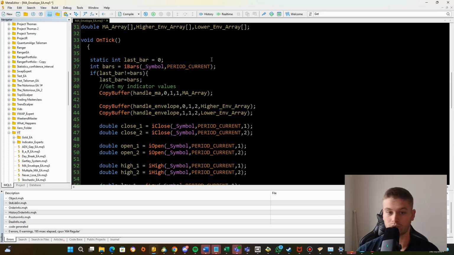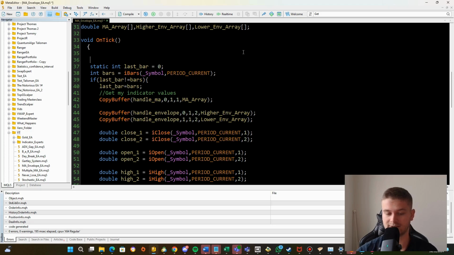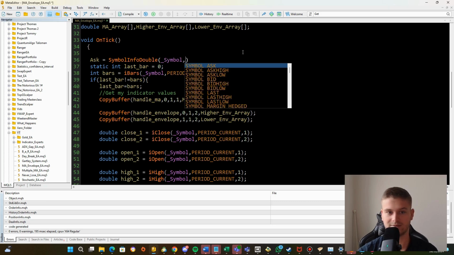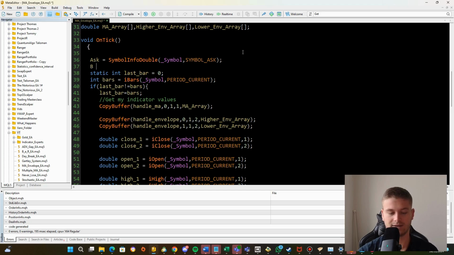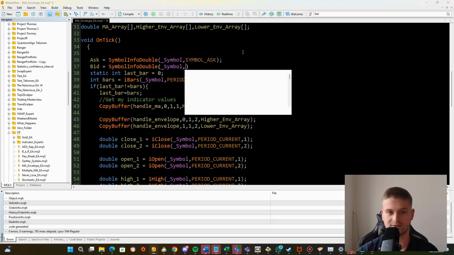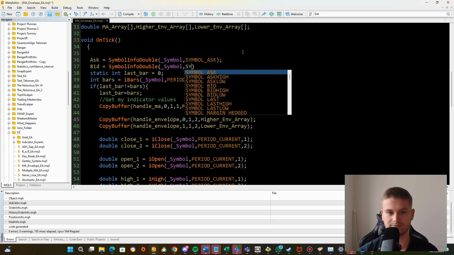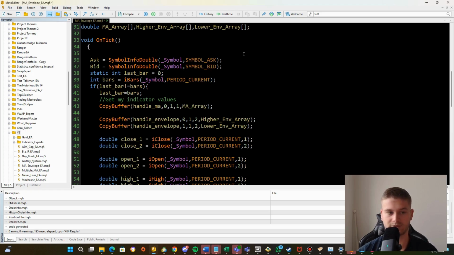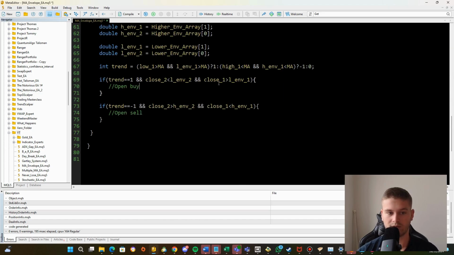So I forgot one thing, and that is to get the most recent ask and bid price data. So ask is equal to symbol info double for the current symbol ask, and bid is equal to symbol info double current symbol bid price. Perfect.